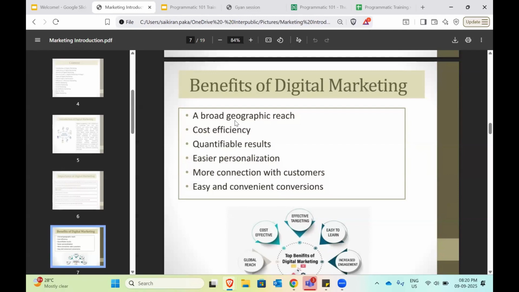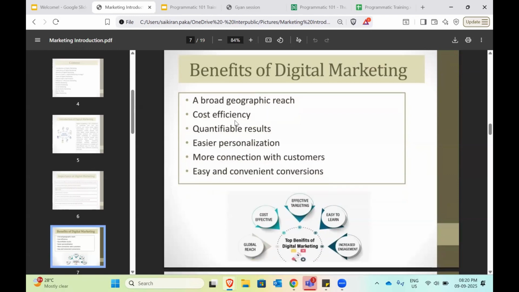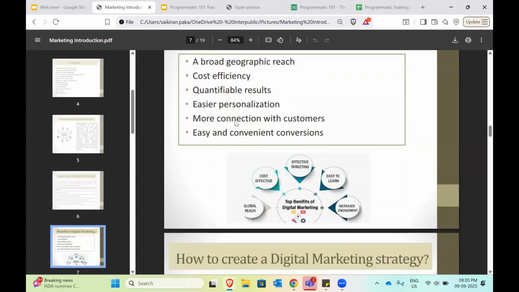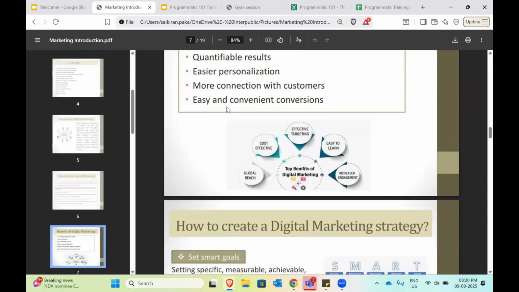If we are running a campaign in Europe, for Hungary the language is going to be different. If you're running it for Germany, it's going to be German, for France, French. So you can personalize as per the audiences, and we can also connect with the customers, making it a journey rather than just showing an ad and forgetting about it. And also to get the conversions, a conversion can be anything, a purchase or any goal defined by the advertiser.